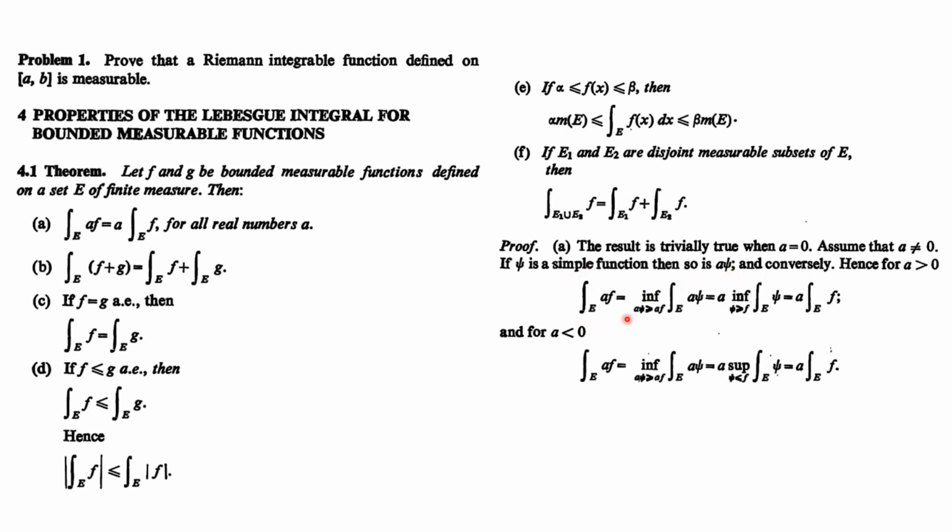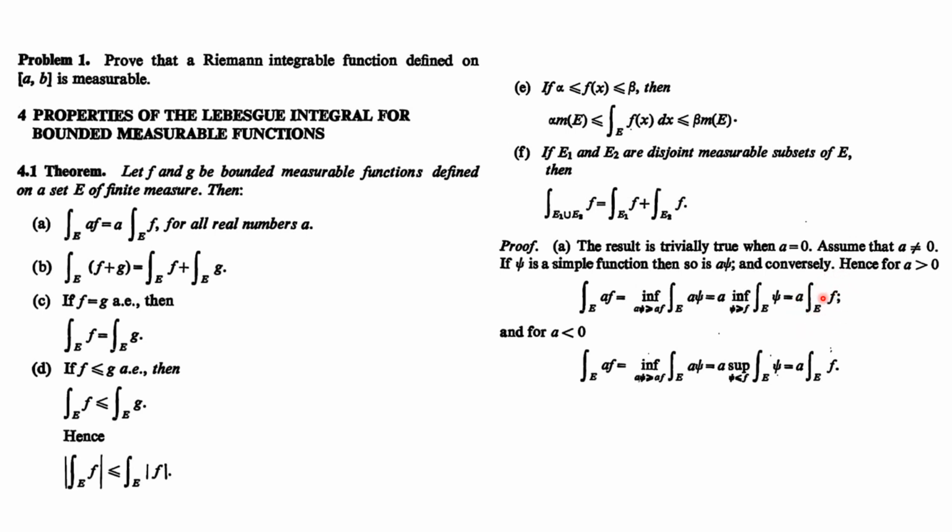So we first consider the left hand side, the integral of af over E. It is the infimum of all those integrals of a psi, with a psi greater than or equal to af, over E. Since a is non-zero and positive, we can cancel it out from both sides. And this is an elementary integral, so we can take a outside. Now this is a times the infimum of this. This is nothing but the upper Lebesgue integral of f. Since our f is integrable, this is the same as the integral of f.